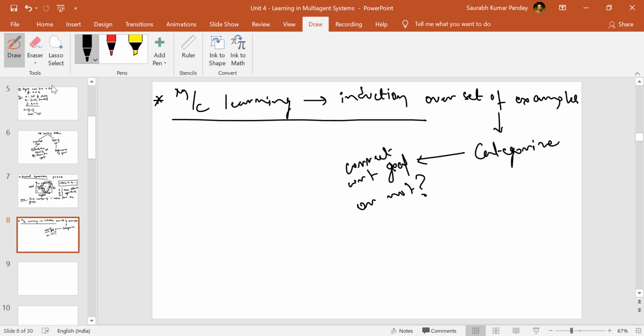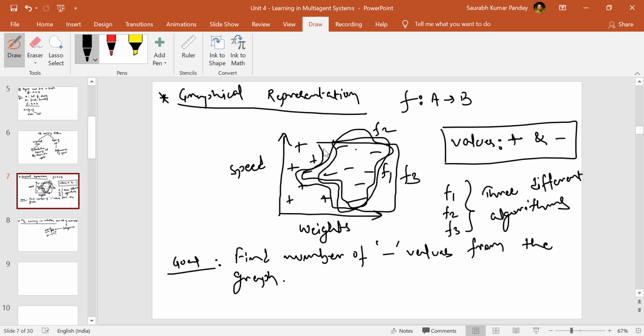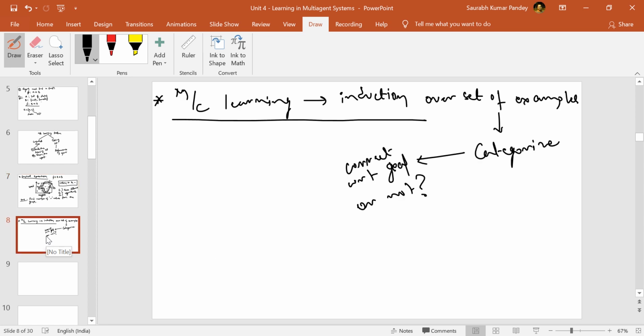Okay, so here you can see in this particular example what is happening, f1 categorizes minus, okay, f2 also does it, f3 also does it, but different algorithms are used, they categorize in a different way. Now the optimized function is a different thing, we are not trying to find the optimized function, that is a different topic that must be addressed whenever you study machine learning as a course, that there you will understand that optimization always comes as part of your machine learning, ठीक है?